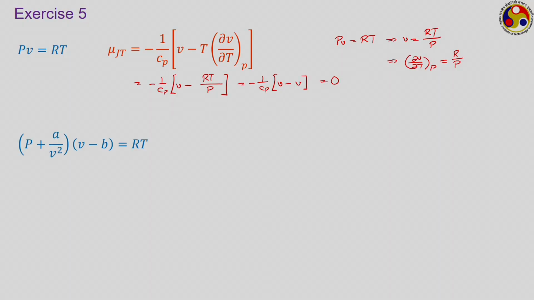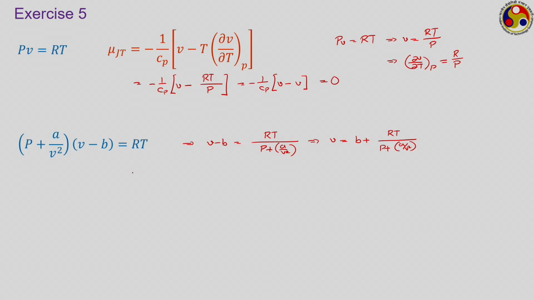Another case, here we have a more complicated one, the van der Waals equation of state. We have to calculate the expression for the Joule-Thomson coefficient for this. So, same procedure, let us write this as V minus b equal to RT upon P plus a by V square, that is V is equal to b plus RT upon P plus a by V square.